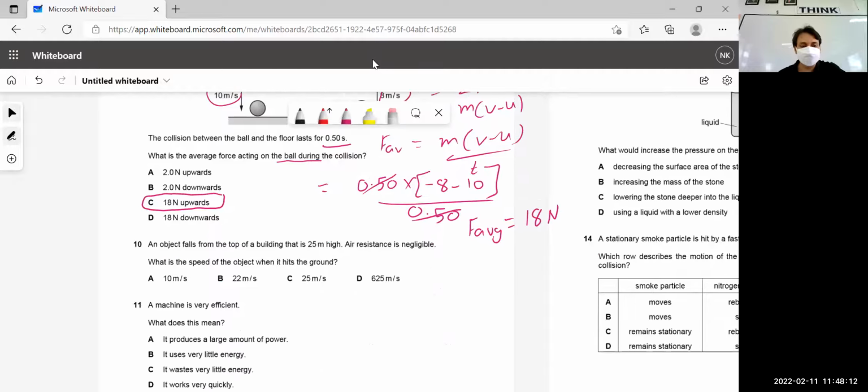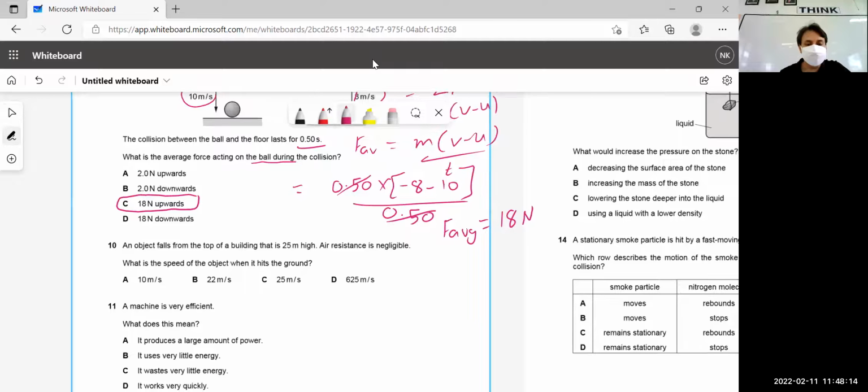Question number 10. An object falls from the top of a building that is 20 meters high. Air resistance is negligible. What is the speed of the object when it hits the ground? By using the equations of motion, I can solve this question. I have the equation h is equal to v square by 2g.